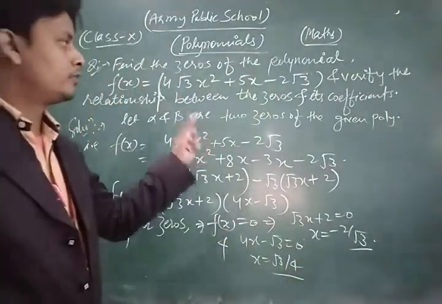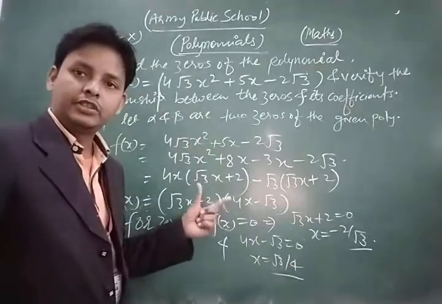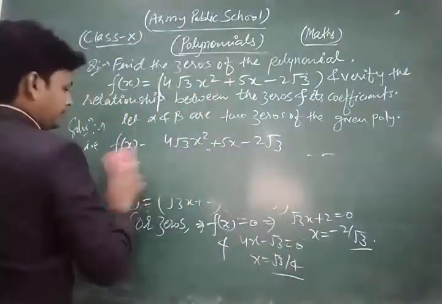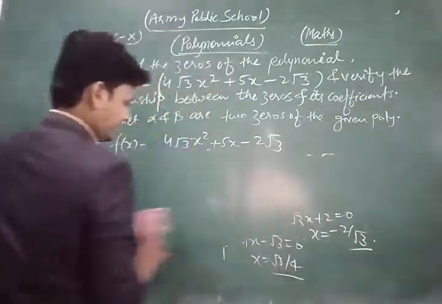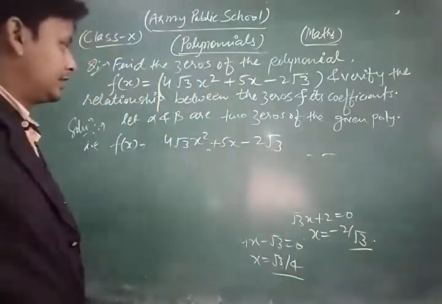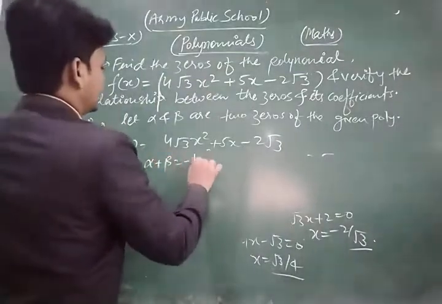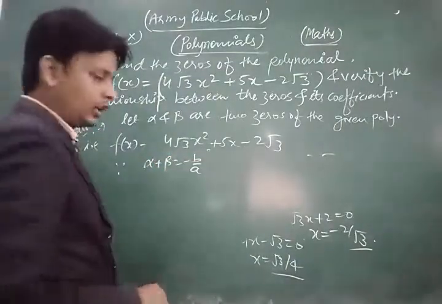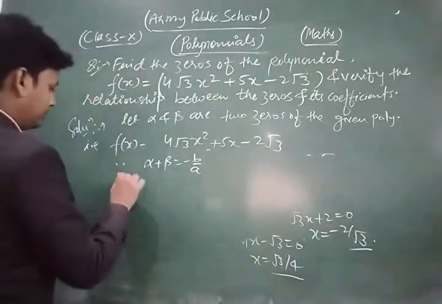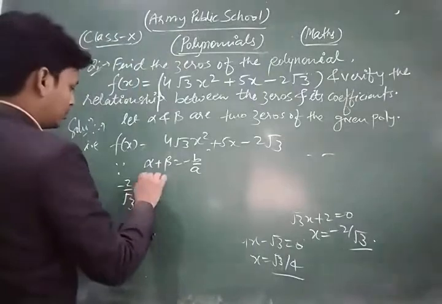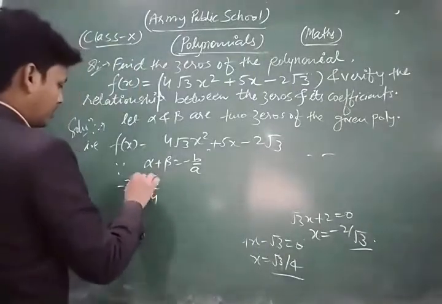Now we also verify the relationship between zeros and coefficients. Since we know that alpha plus beta is minus b upon a, we put alpha as minus 2 upon root 3 plus beta, which is root 3 upon 4.